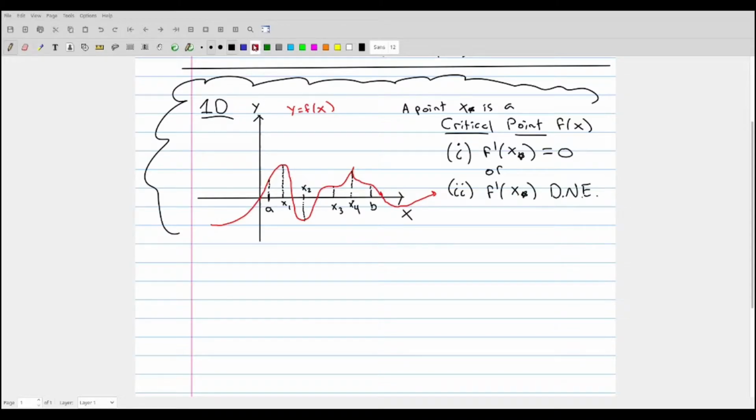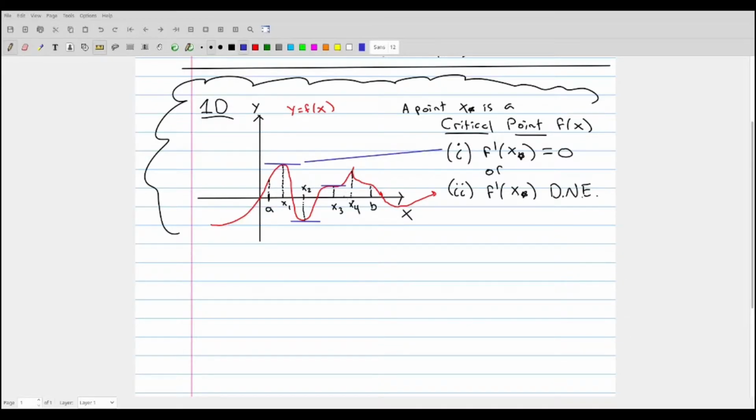So here you can see that x1, x2, and x3 are all critical points of type 1. The slope of the tangent line at x1, at x2, and at x3, each one of these has 0 for the rate of change.